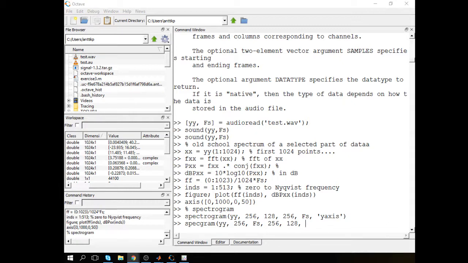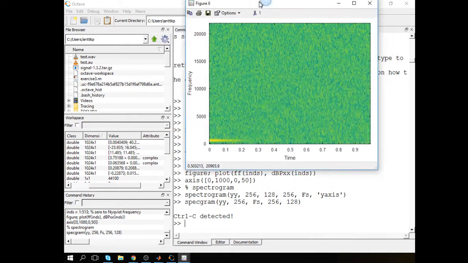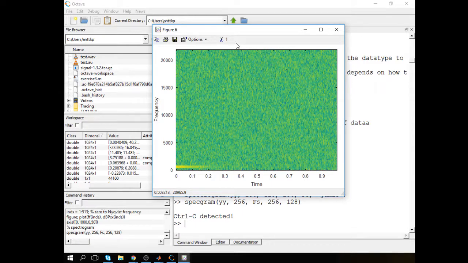Or do I need to do the y-axis? No, I don't need to do the y-axis. You need to do the upper part. This is how I do it. Control C detected. Okay, good. There. That's the spectrogram.